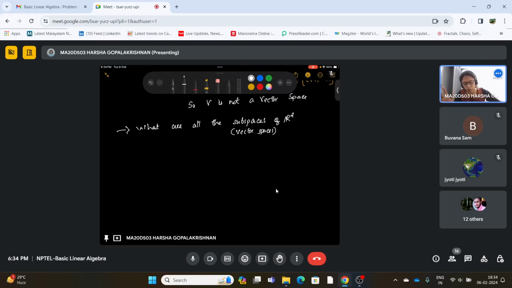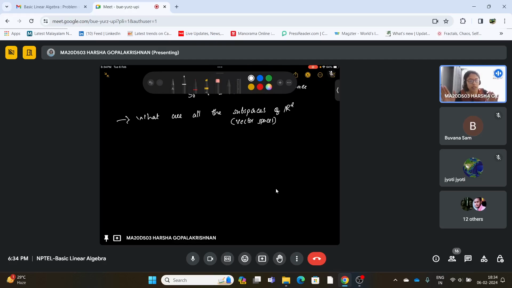So what are all the possible vector spaces in R2? Can anyone say? R2 means our plane. Any idea what can be the possible vector spaces in R2? Singleton (0,0), yes.